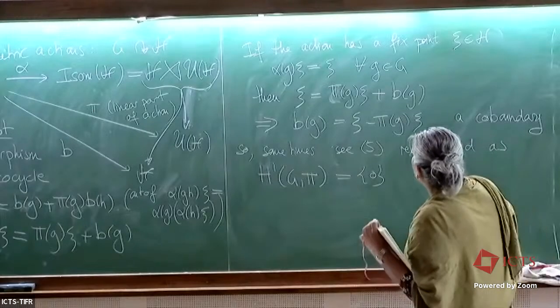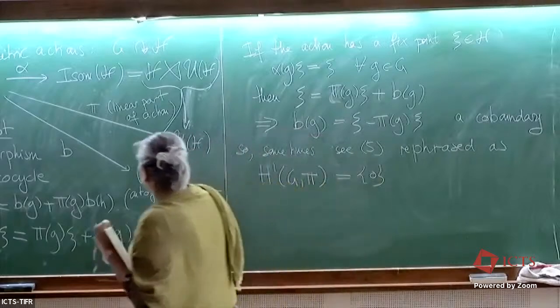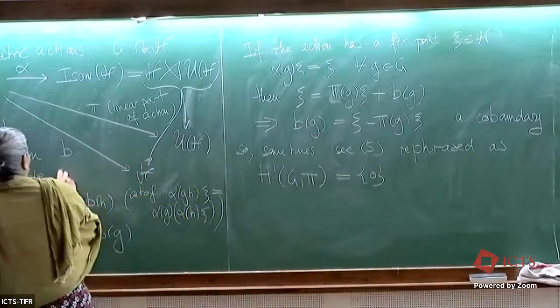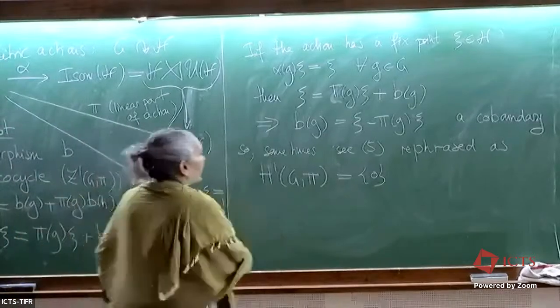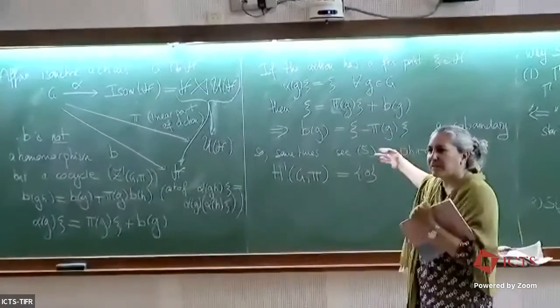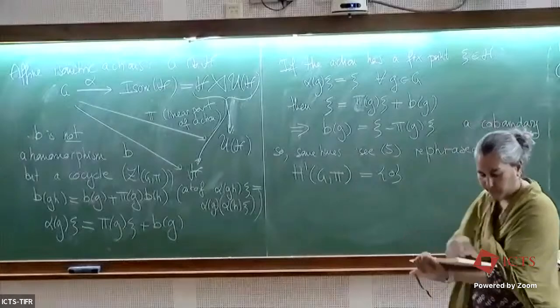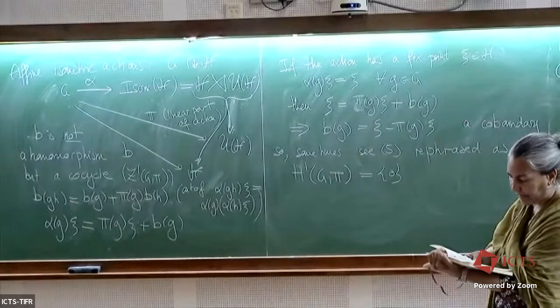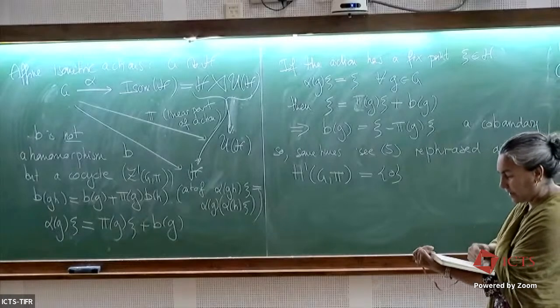Because this is the space of cocycles, and this is the space of coboundaries, and if you have a fixed point, your cocycle is in fact a coboundary.